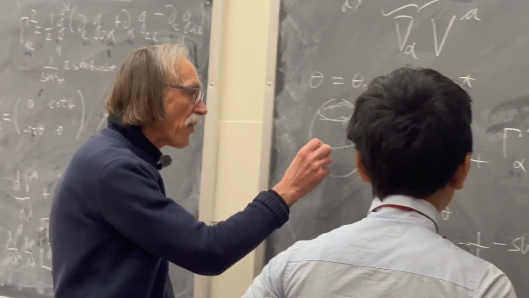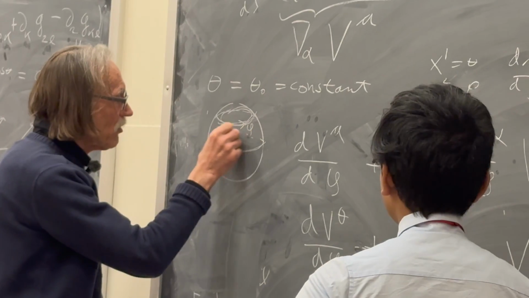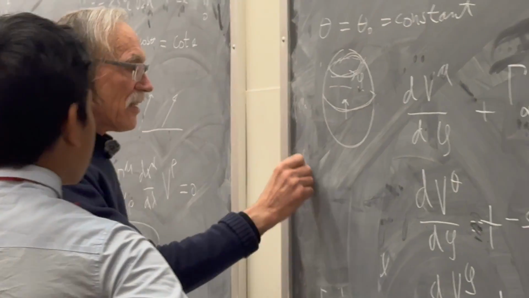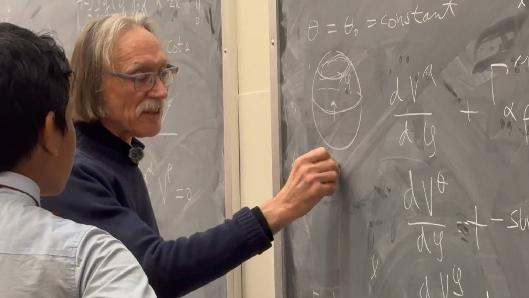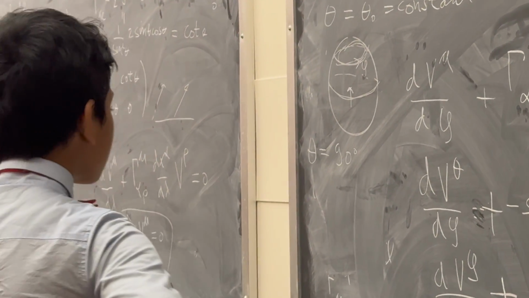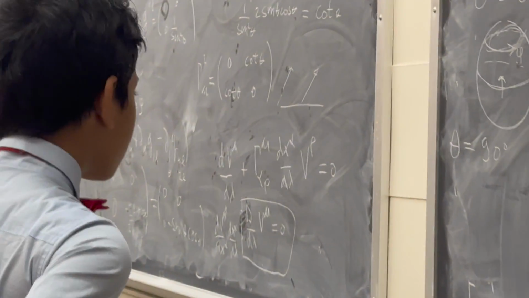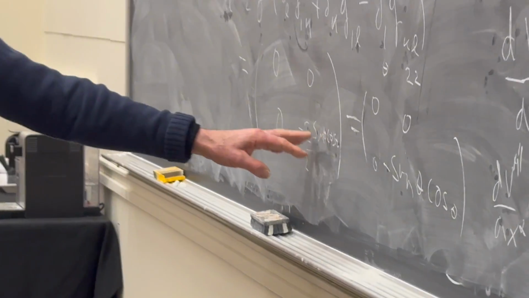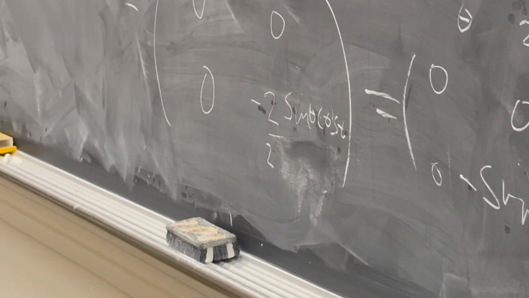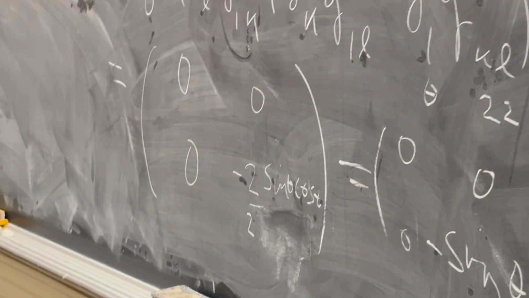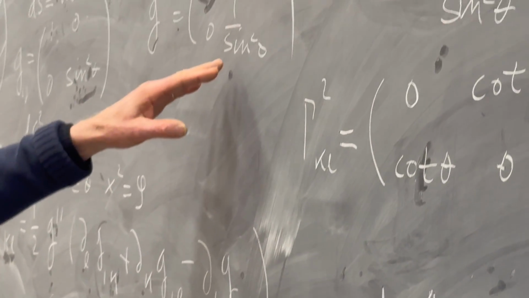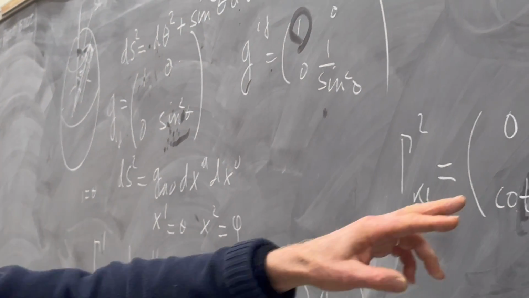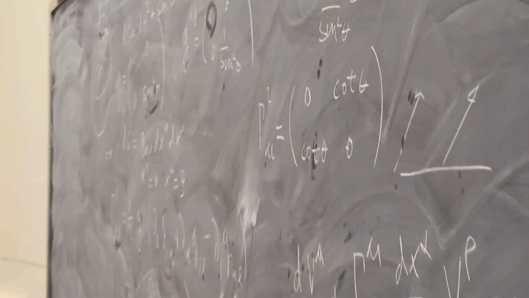So if you think of a sphere and a vector at theta equal to 90 degrees, the sine of theta has to be 0, and the cotangent of 90 degrees is also 0. Yeah, cosine. So the gammas are 0.